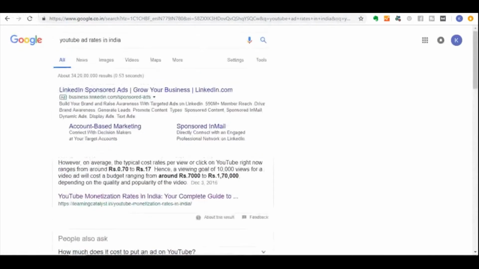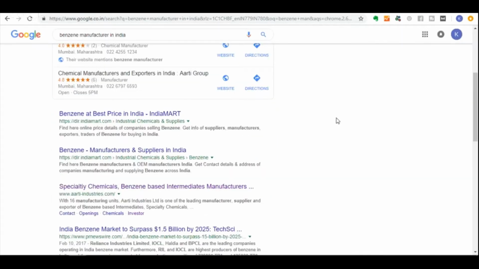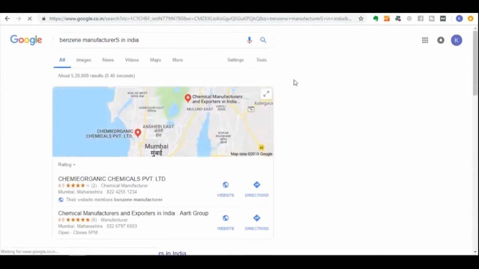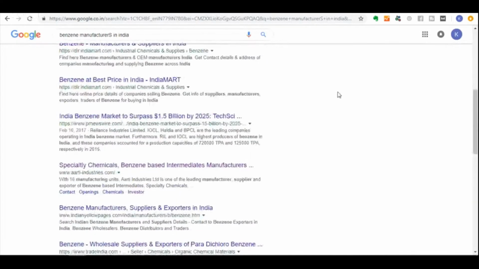Now let's take an example on the other side. I'm purposely taking a less competitive category. Let's say benzene manufacturers in India.